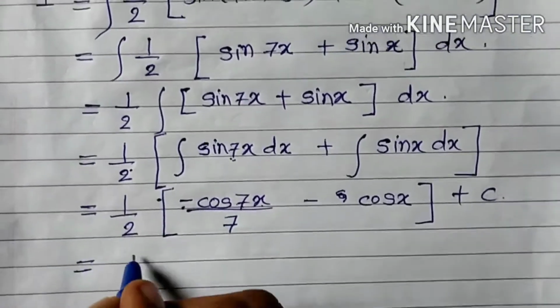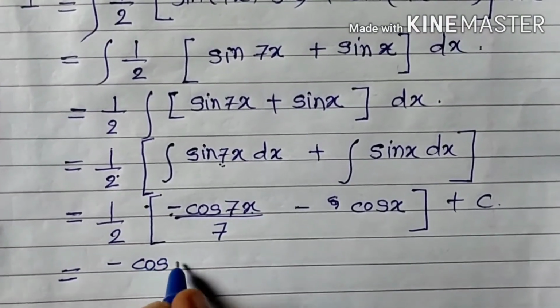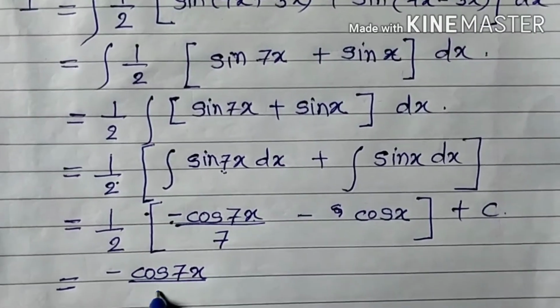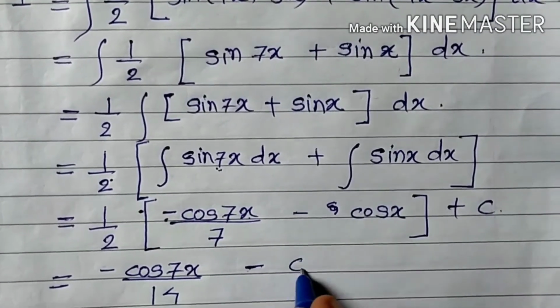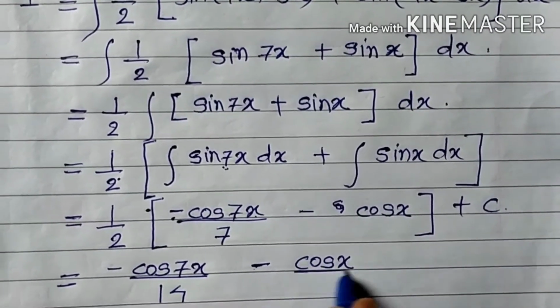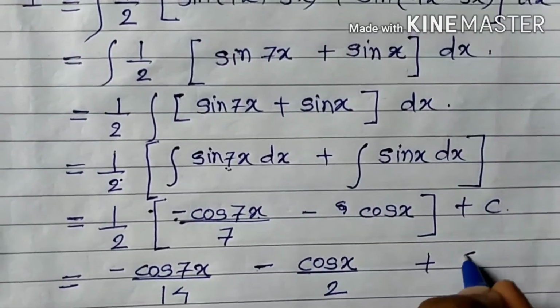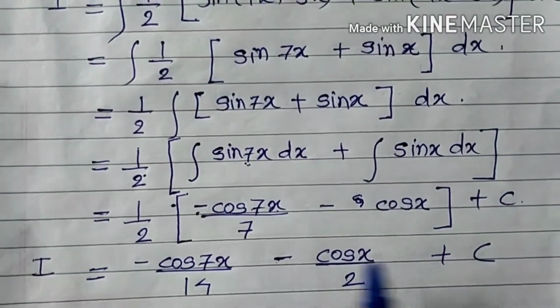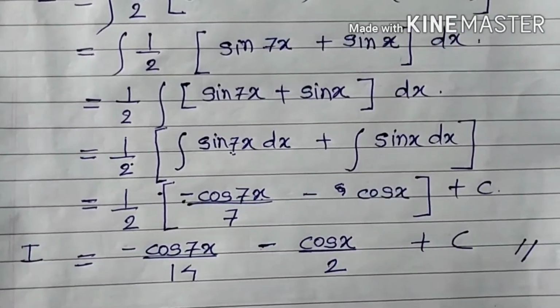So it is like that: minus cos 7x upon 14 minus cos x upon 2 plus c, which is equal to I. So this is your answer.